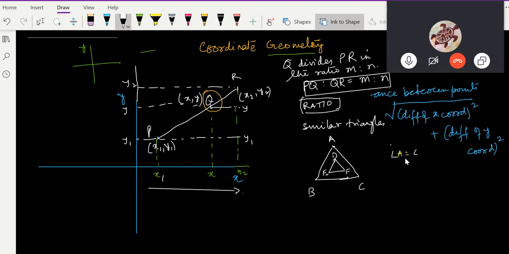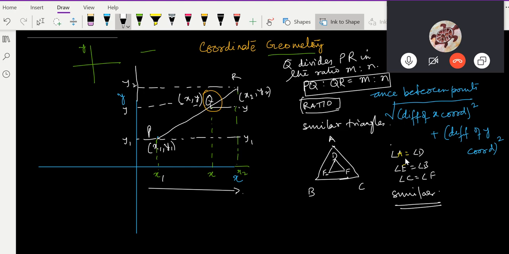Angle A equal to angle D, angle B is equal to angle E, and angle C is equal to angle F. If the corresponding angles of any two triangles are equal, then the triangles are said to be similar.